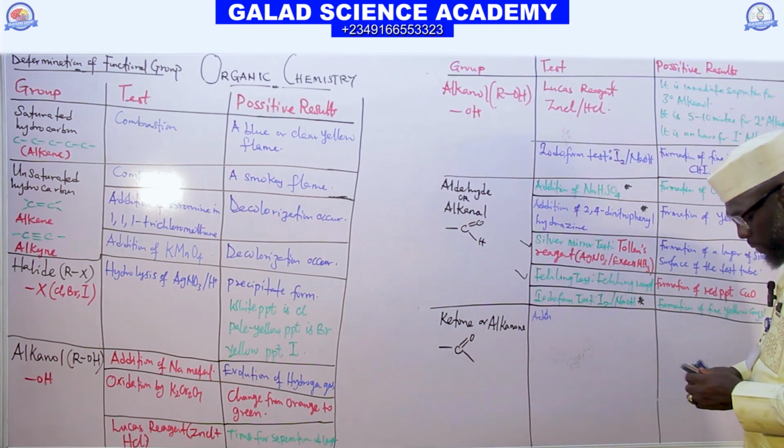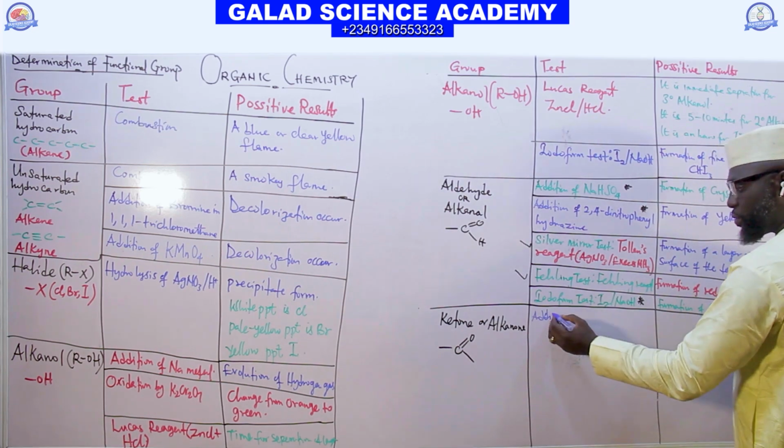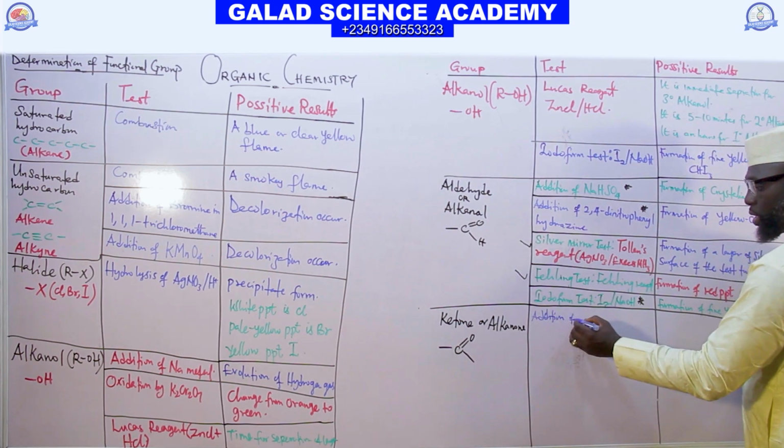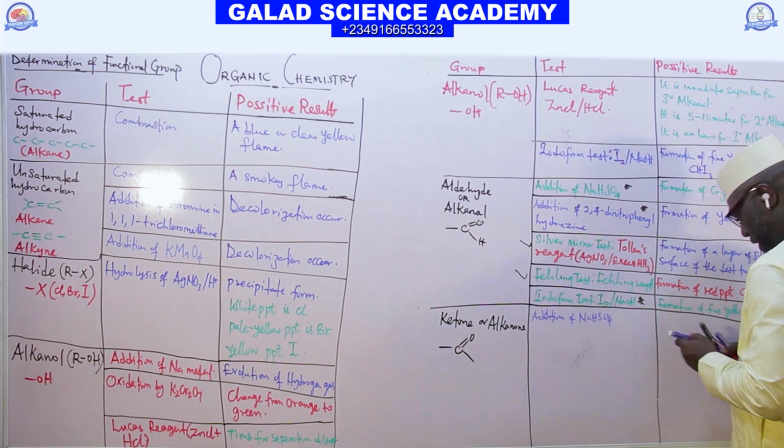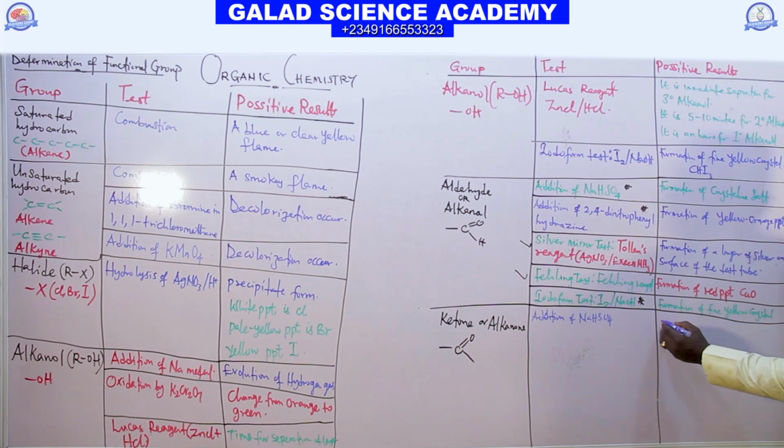So let's go now. The addition of sodium hydrogen sulfite here, you will observe that we have formation of crystalline salt.